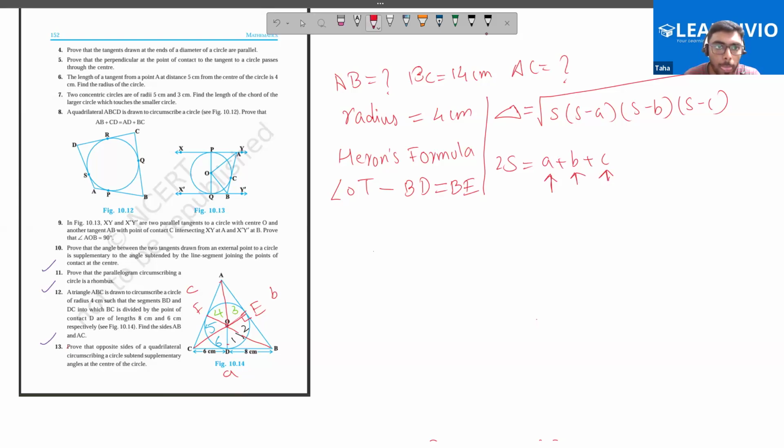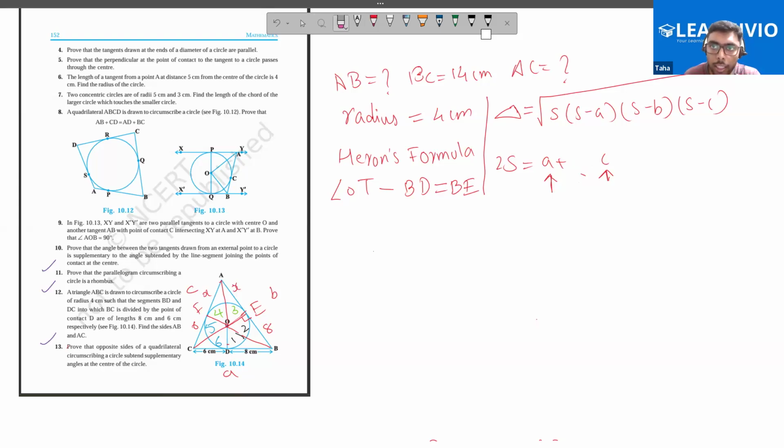But we know AF is equal to AE. We know CF is 6, EB is 8. Oh, length of tangents, right? We can use that. So this would be 6, this would be 8, BE. And we can call these X and Y. No, these are also going to be the same because they are lengths of tangents again, right?